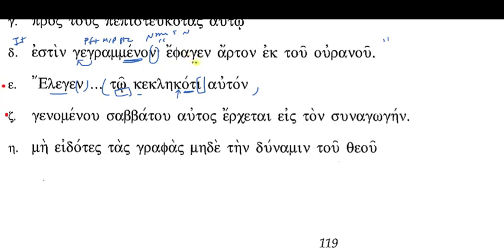What is the lexical form of ephagen? This is a little bit tough. Yeah, this is from estheo. This is one of those verbs where you have got to learn the lexical form, and then its crazy principal parts. Estheo. Okay?